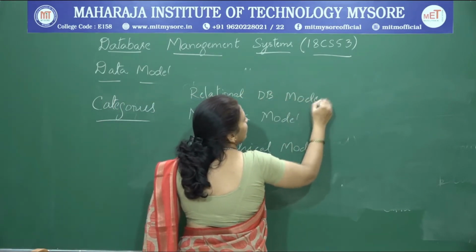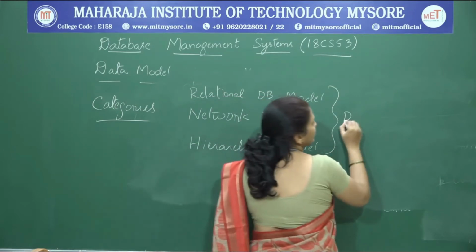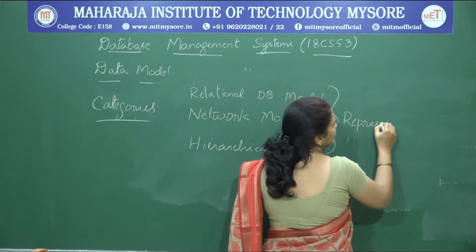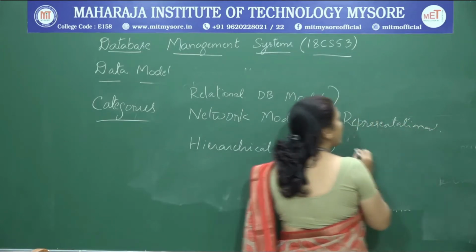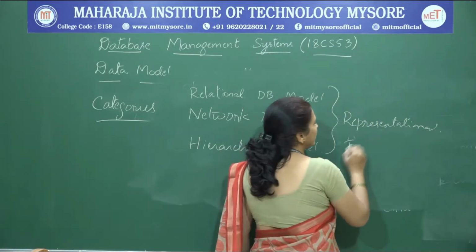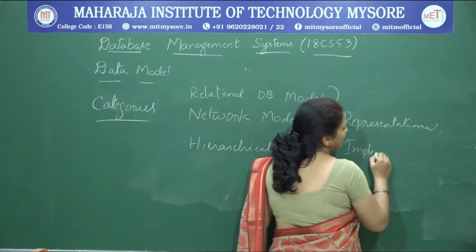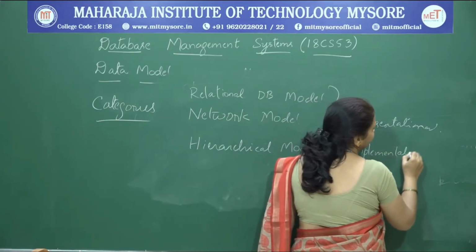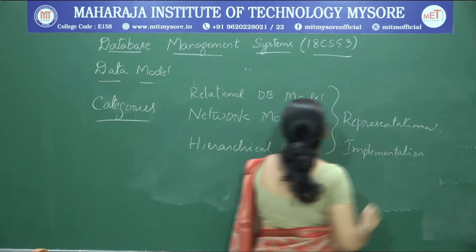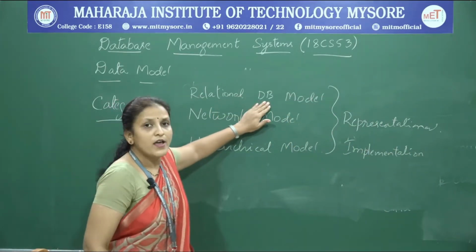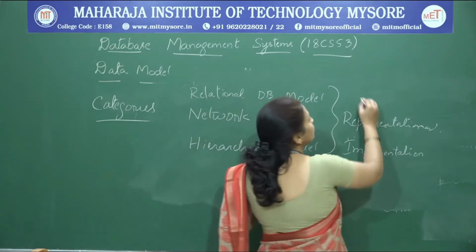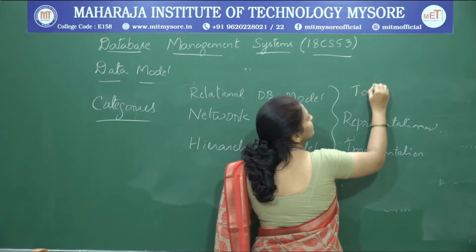Okay. These are all the types of representational data models. We can also call representational data models as implementation data models. In the very first category, that is the relational database model, everything will be in terms of two-dimensional tables.